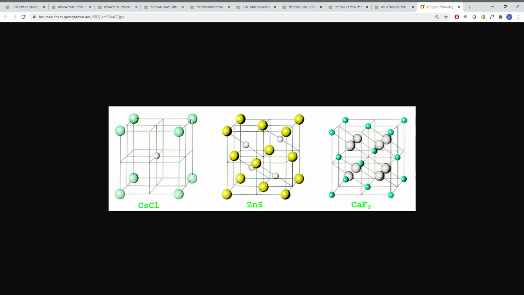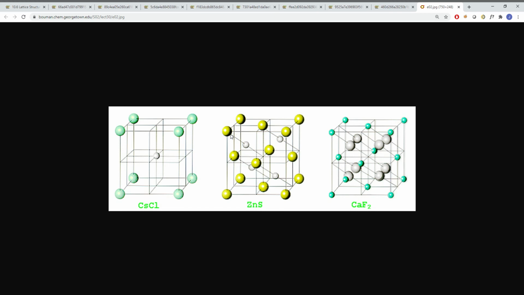So I go 1/8, 2/8, 3/8, 4/8, 5/8, 6/8, 7/8, 8/8. So there's one chloride, and then there's a whole cesium in the middle, so it's 1-to-1. So it's Cs1, Cl1. If I look at something a little bit more complicated, like the zinc sulfide, I've got a whole lot of stuff to count here. So this is a much more complicated unit cell.